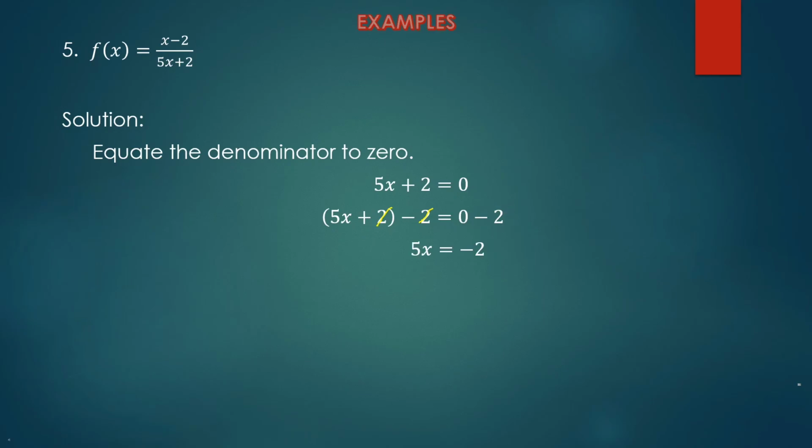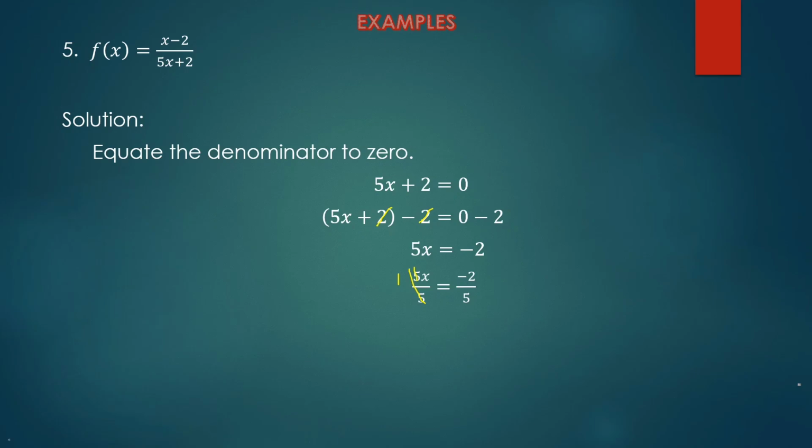Next, let's eliminate 5 in the left side by dividing both sides with 5. We have 5x over 5 equals negative 2 over 5. 5 divided by 5 is 1, so we have 1x, or just simply write x. Then, negative 2 over 5 is negative 2/5.